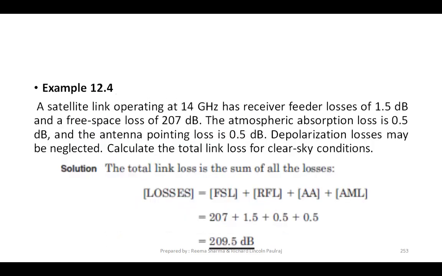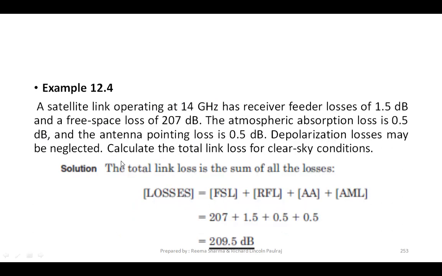We'll look at a small problem here and try to understand what these are. A satellite link operating at 14 gigahertz has a receiver feeder loss of 1.5 dB and a free space loss of 207 dB. The atmospheric absorption loss is about 0.5, and the antenna pointing loss is 0.5. When I say antenna pointing loss, this refers to my AML, misalignment losses.